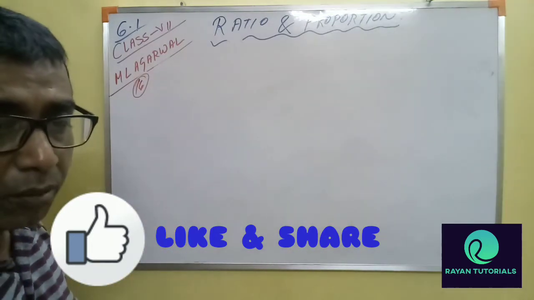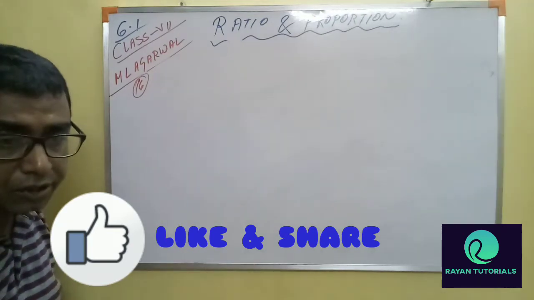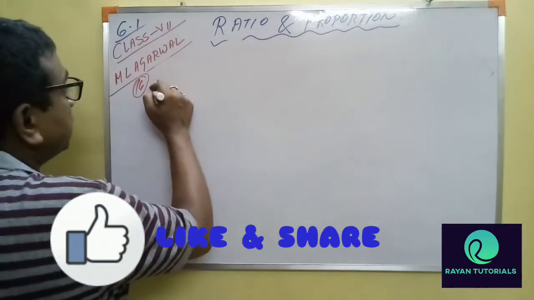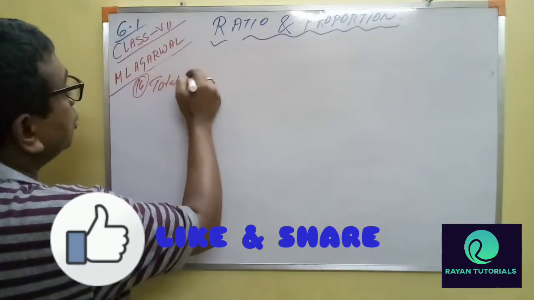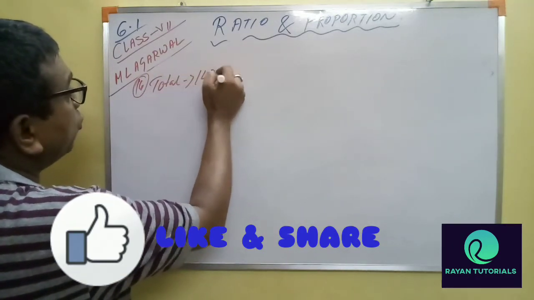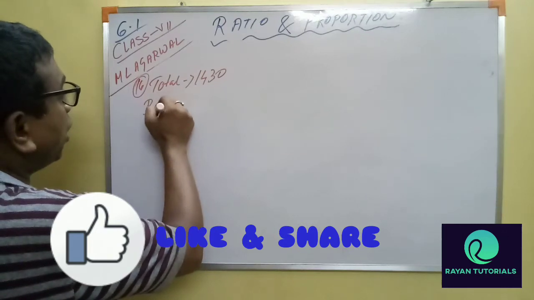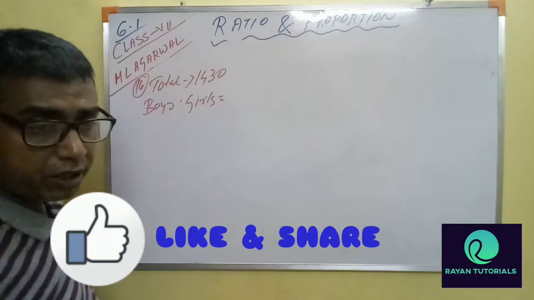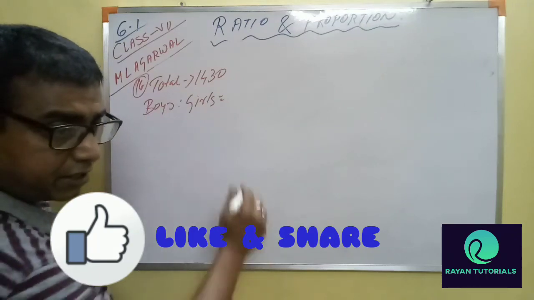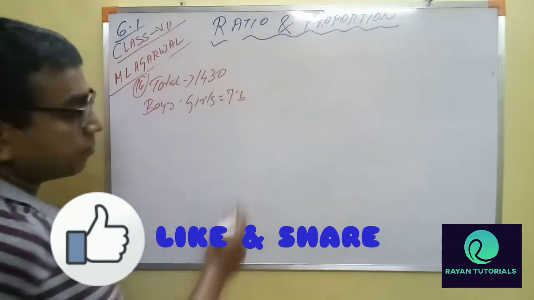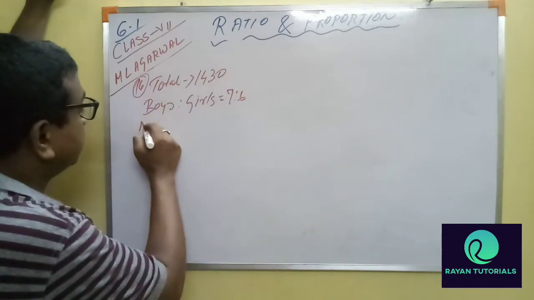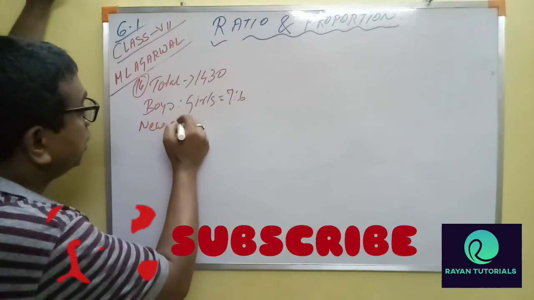The ratio of the number of boys to the number of girls of a school of 1430 students. That means total students 1430. Now boys is to girls, how much? 7:6. Good. 26 new girls are admitted.